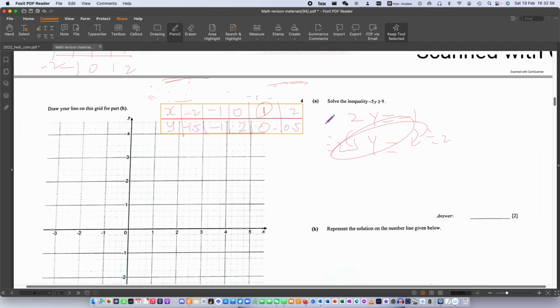No need so many. 来。 Why you switch the sign? Because divide by negative. Very good. Times or divide, you need to do it.